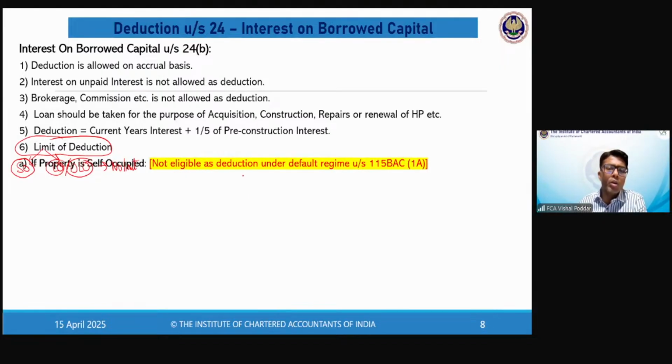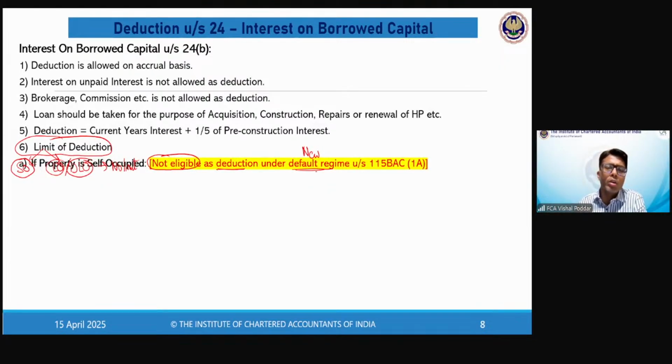Default regime means the new regime. So you have to also check what is the regime under which you are computing tax. New regime, no deduction for self-occupied.